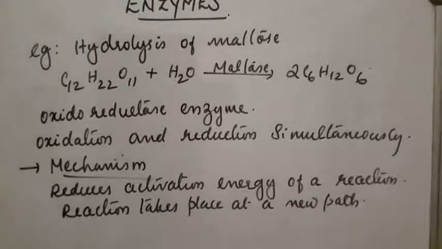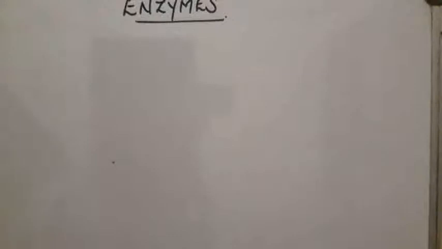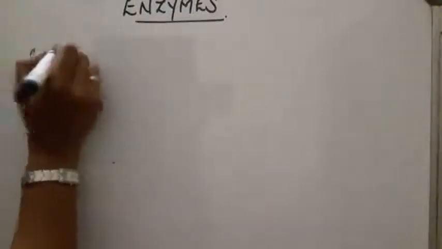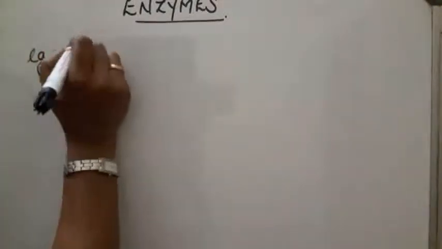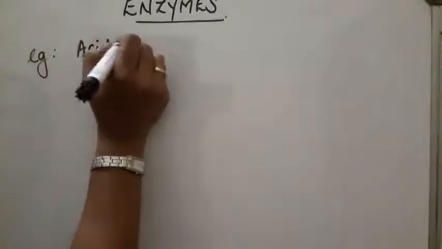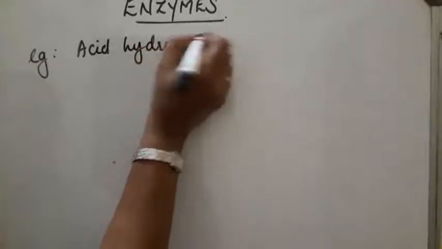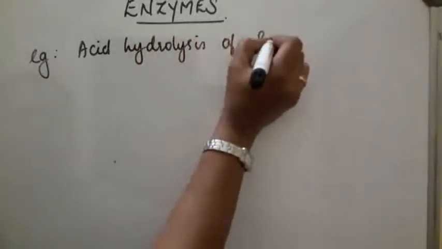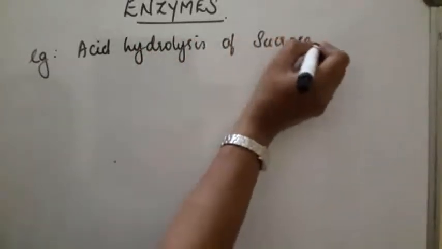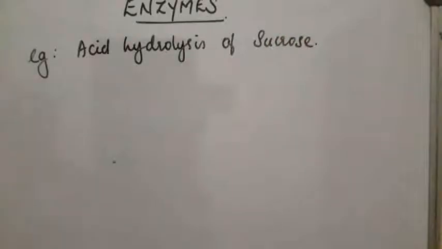Take one example. Example, acid hydrolysis of sucrose. Here the enzyme used is sucrase.